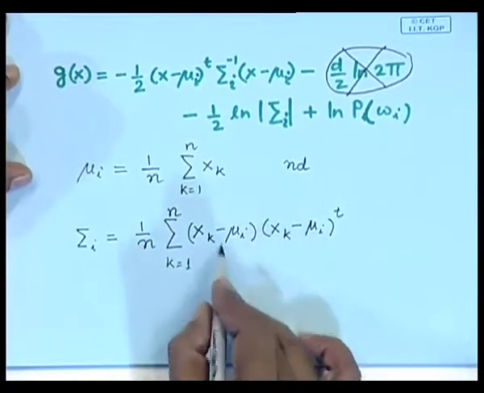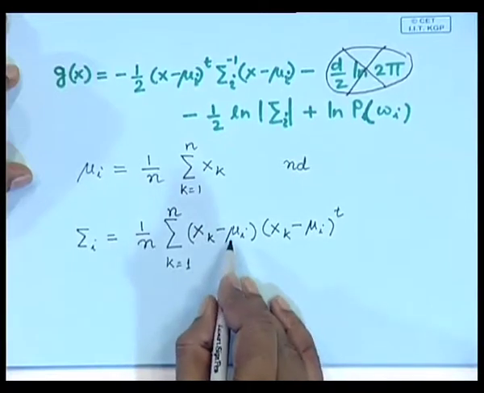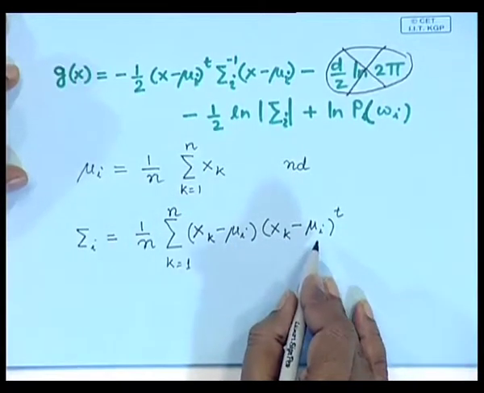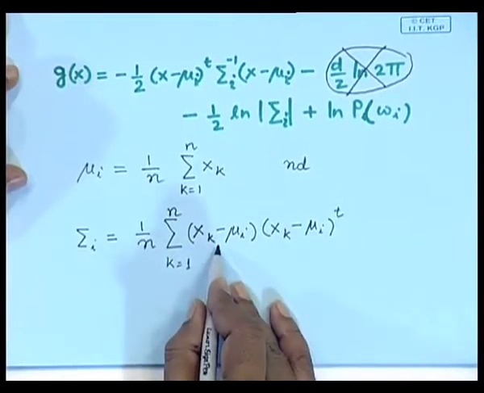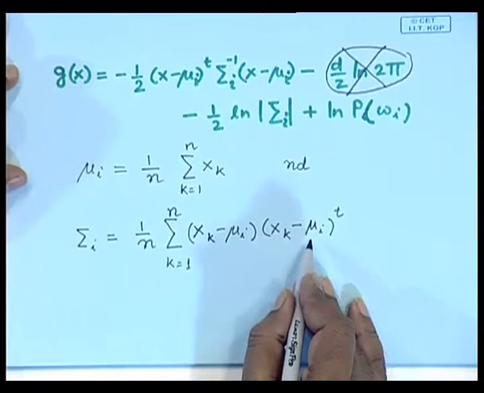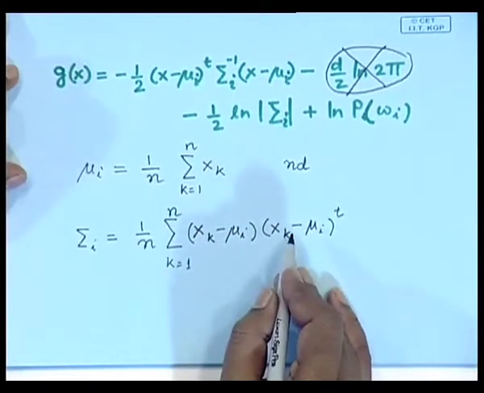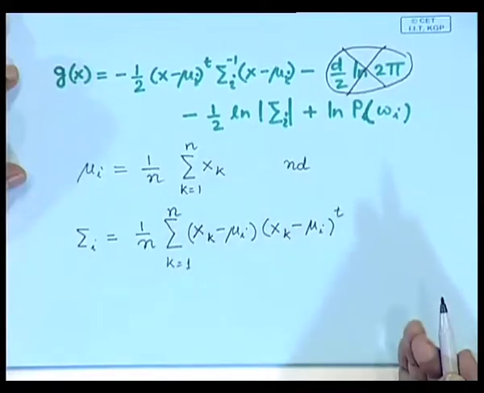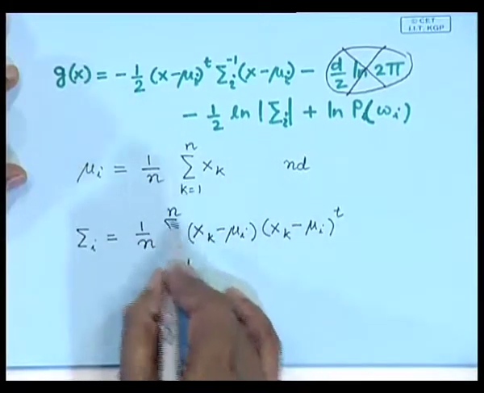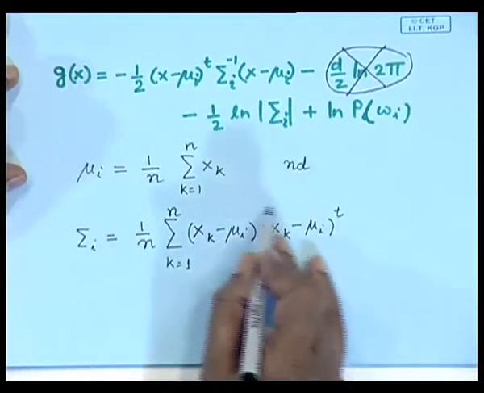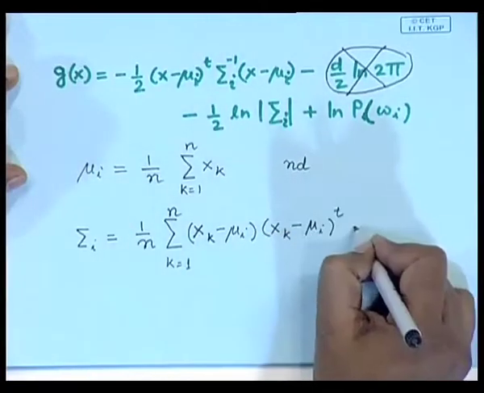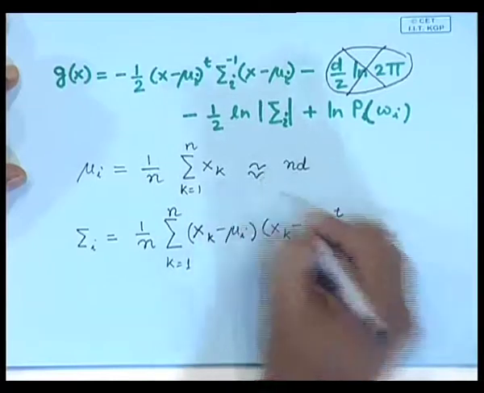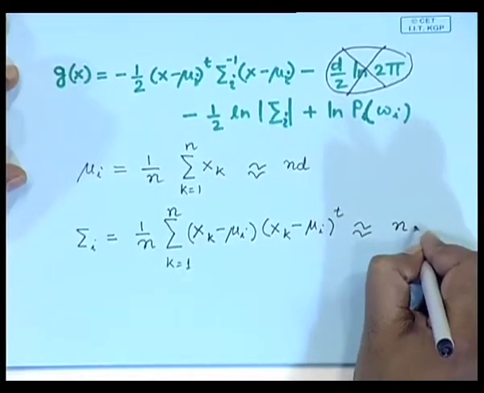This is a vector of dimension d by 1, and this is a vector of dimension 1 by d. When I compute, I get a matrix of dimension d by d, that is d square. Following a similar manner, the computation for sigma i takes an order of n into d square.